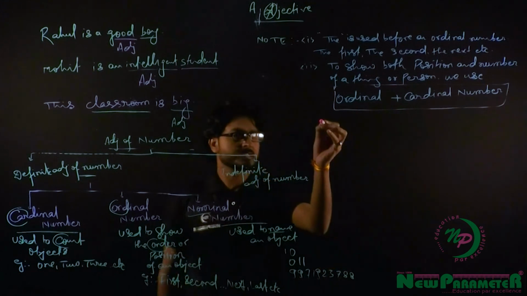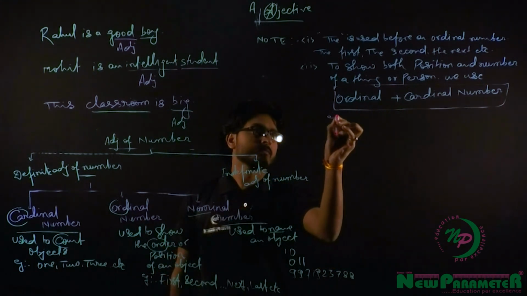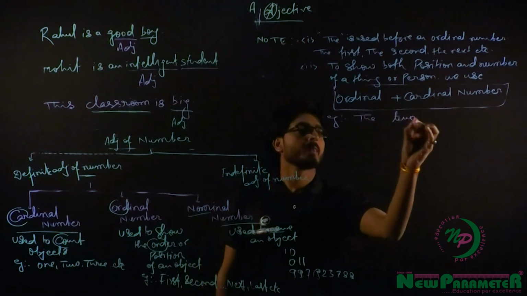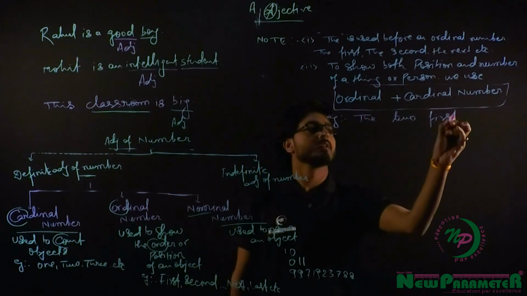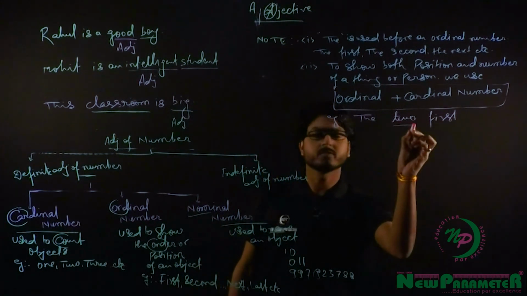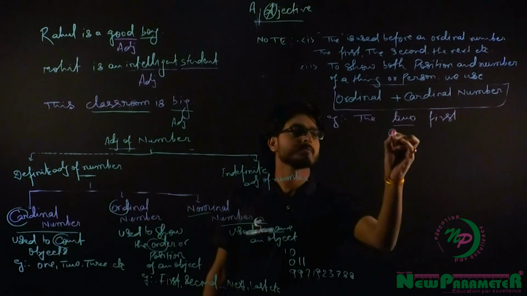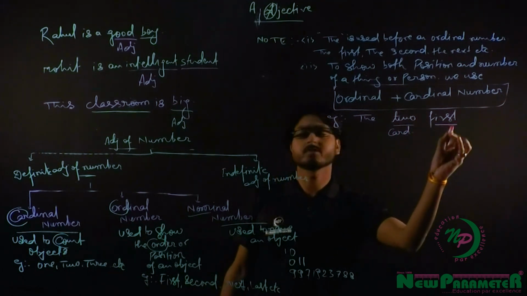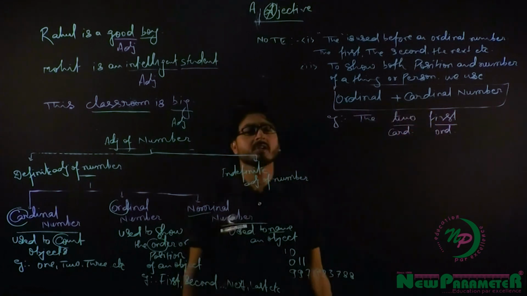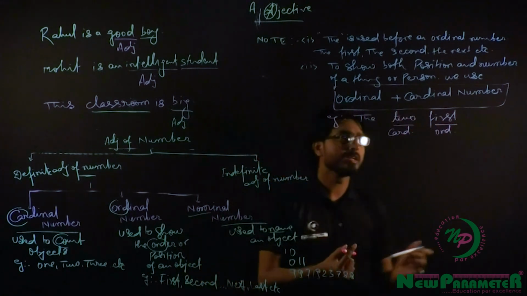Basically, questions are asked like this: the two first. See, is it correct? No. Because 2 is what? Cardinal number. And first is what? Ordinal number. So, is it in the respective order? Not at all. It's totally wrong.